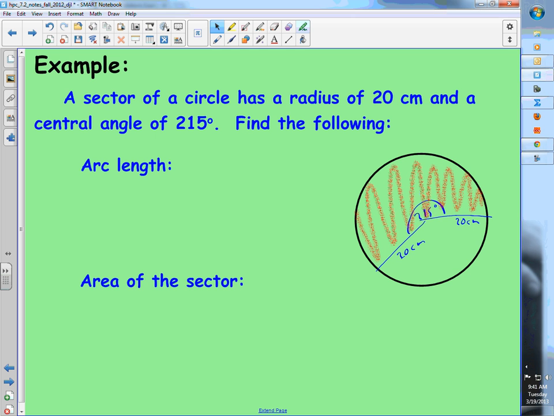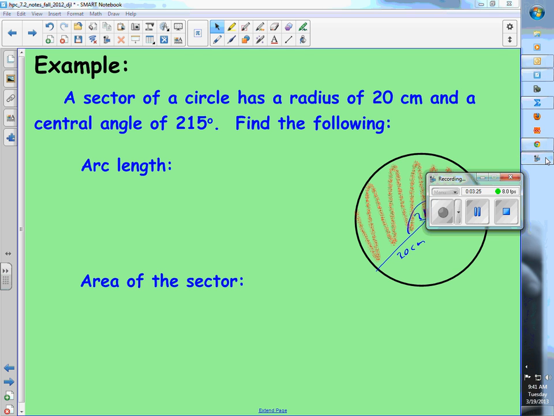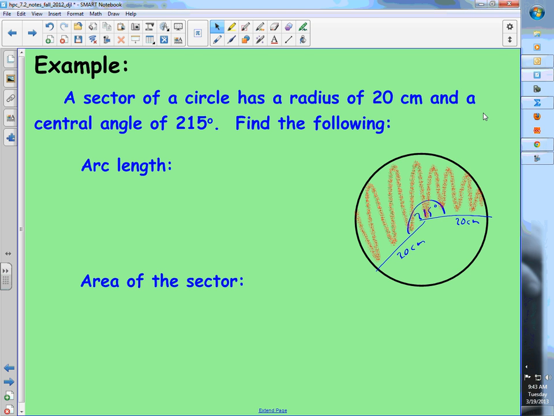Let's see if you can figure out what's what here. Answers, please. Stephen, what did you do for arc length? I got 215 pi over 9. Okay, what formula did you use? I used S equals theta pi r over 180. And what did you plug in?